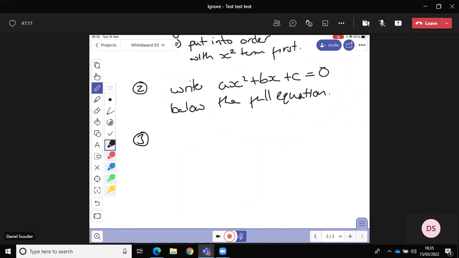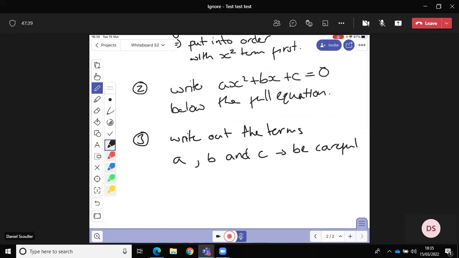Three, again, it's just a wee extra step. Just write out on a separate line the terms for A, B, and C. Be careful looking for negatives.